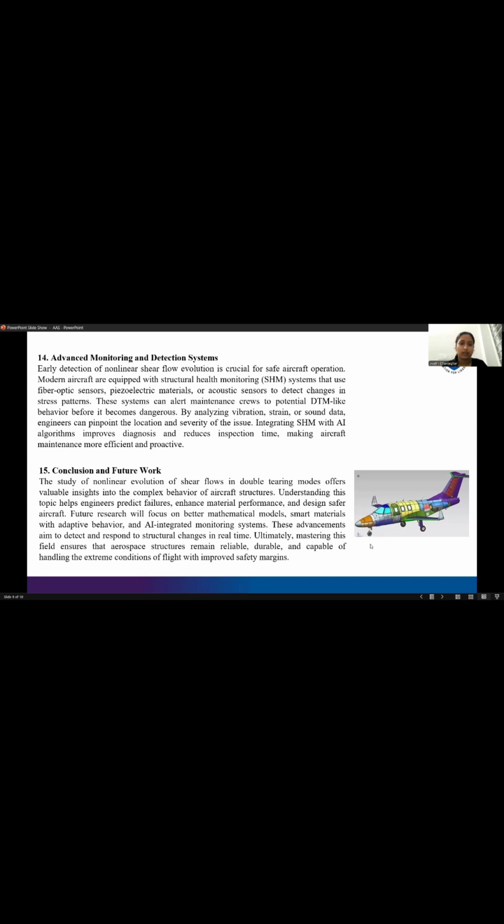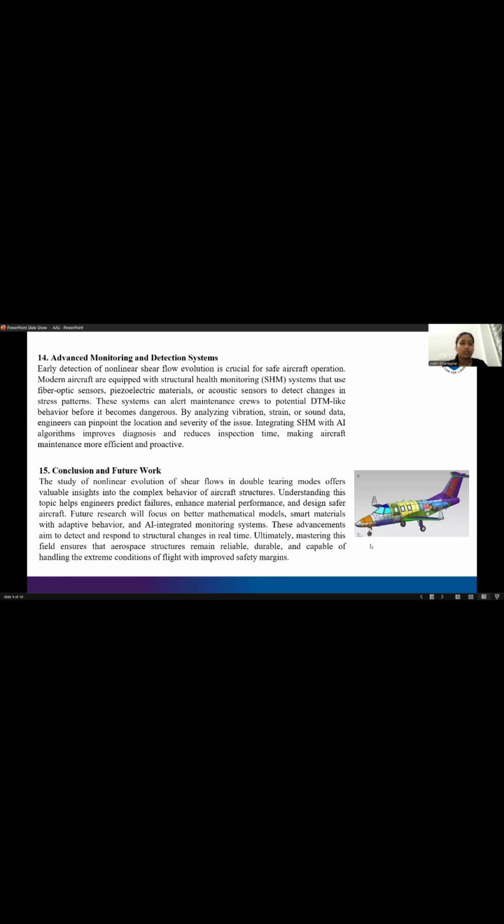These systems can alert maintenance crews to potential DTM-like behavior before it becomes dangerous. By analyzing vibration, strain, or sound data, engineers can pinpoint the location and severity of the issue. Integrating SHM with AI algorithms improves diagnosis and reduces inspection time, making aircraft maintenance more efficient and proactive.